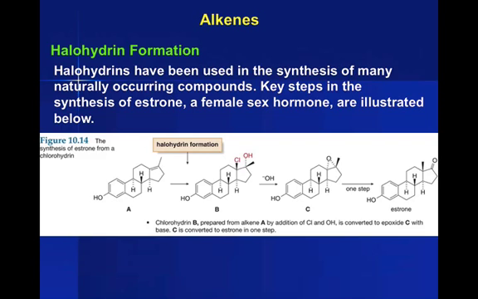Just talked about that. Now here's why it's important. You can take this alkene, and we would predict that the halogen will go here, and the OH will go here, following what we just talked about, right? And in doing so, we get this halohydrin.